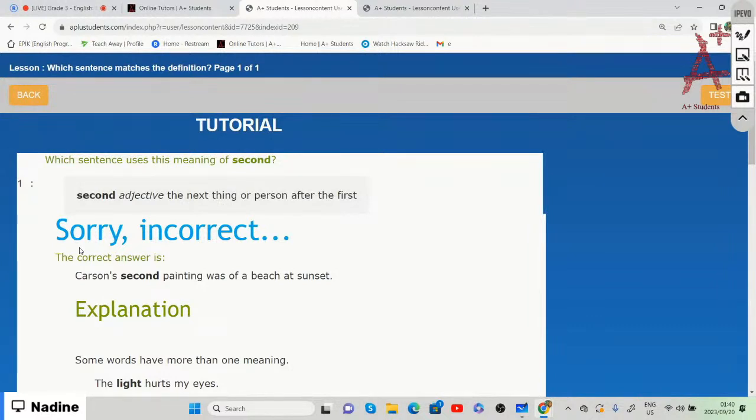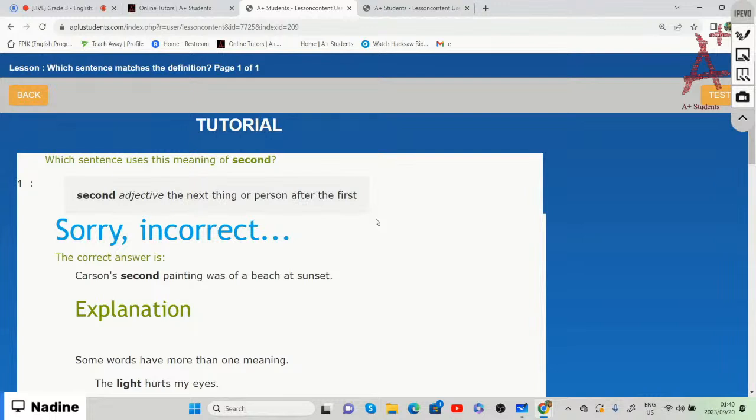Second, an adjective, is the next thing or person after the first, which means that we get first, then we get second, and then we get third.